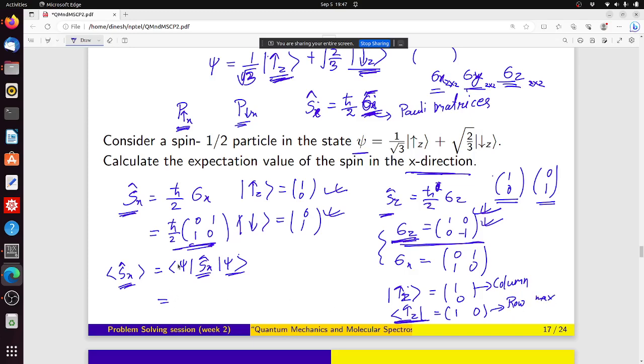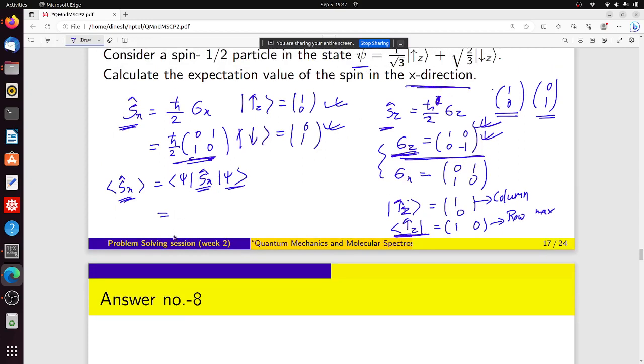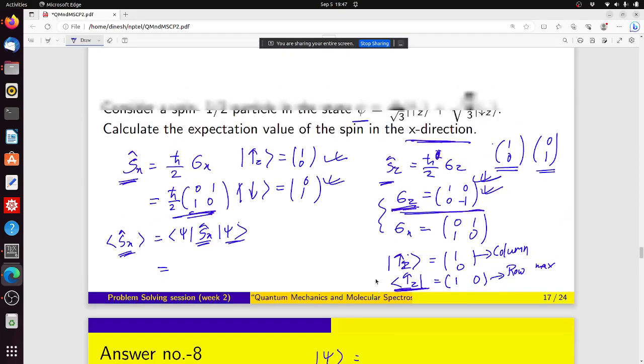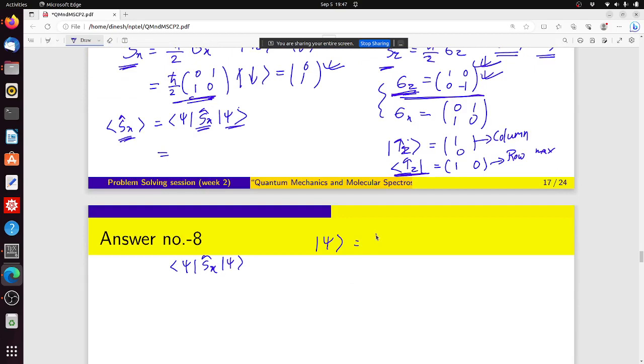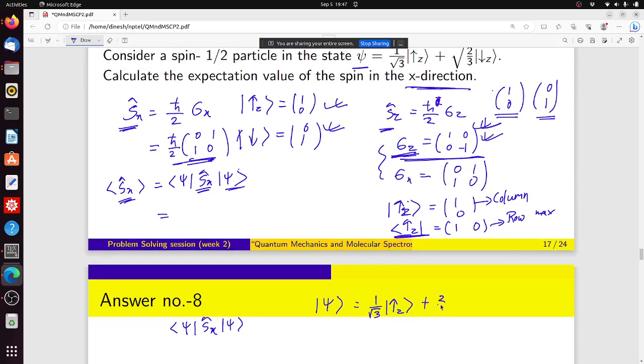Okay, let's expand this: psi Sx psi. So psi is given as 1 by root 3 spin up plus root 2 by 3 spin down.